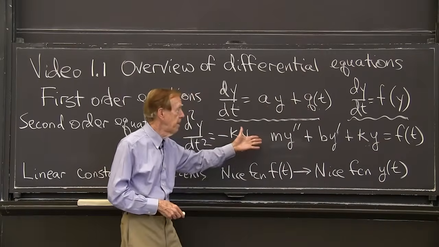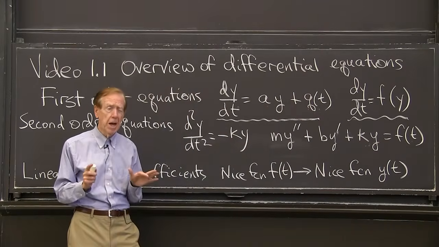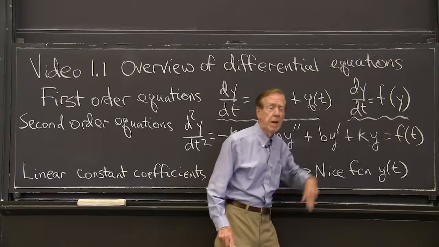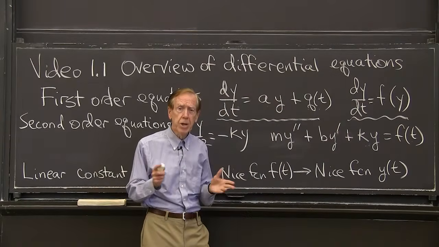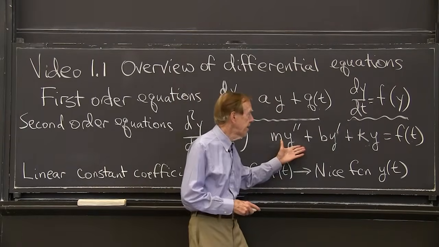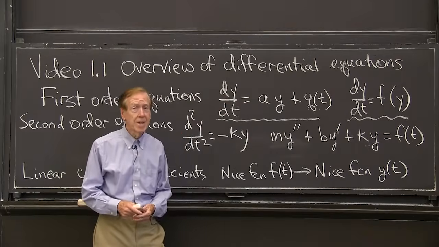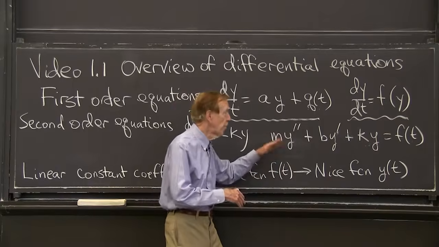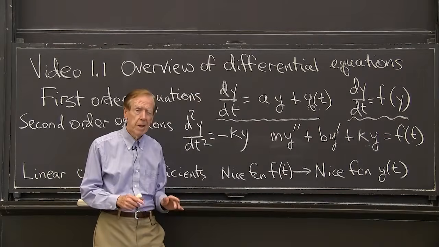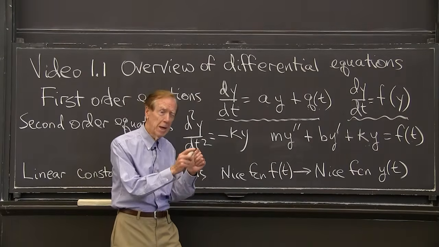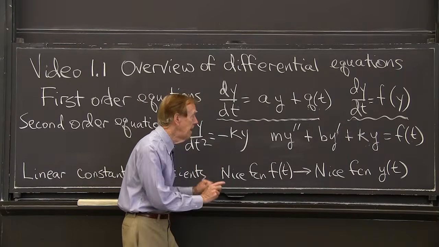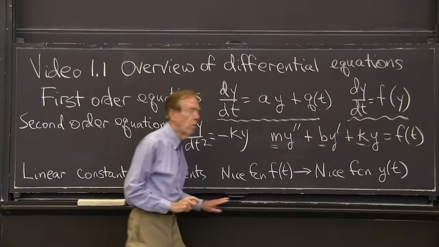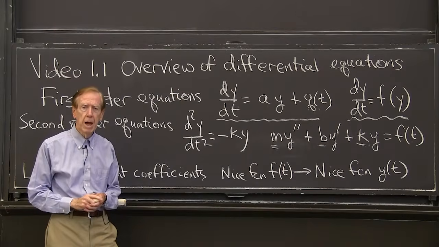So that's a big equation, and let me just say, at this point, we let things be nonlinear and we had a pretty good chance. If we get these to be nonlinear, the chance at second order has dropped. And the further we go, the more we need linearity and maybe even constant coefficients, m, b, and k.